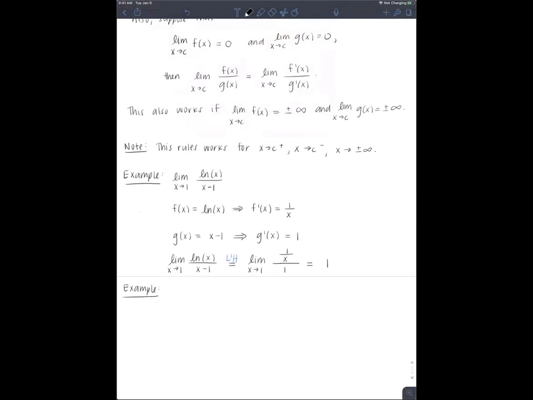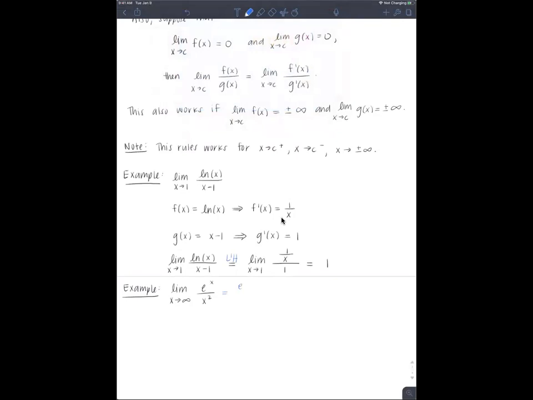So then let's do another one. Let's find the limit as x approaches positive infinity of e to the x over x squared. Here, what happens if I just try and plug in infinity? What's e to infinity?